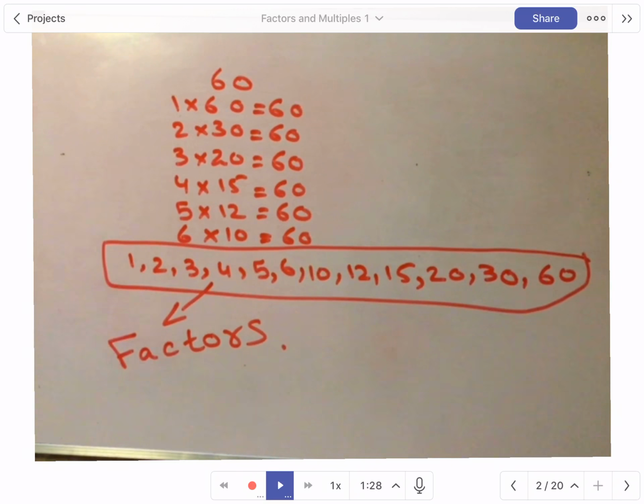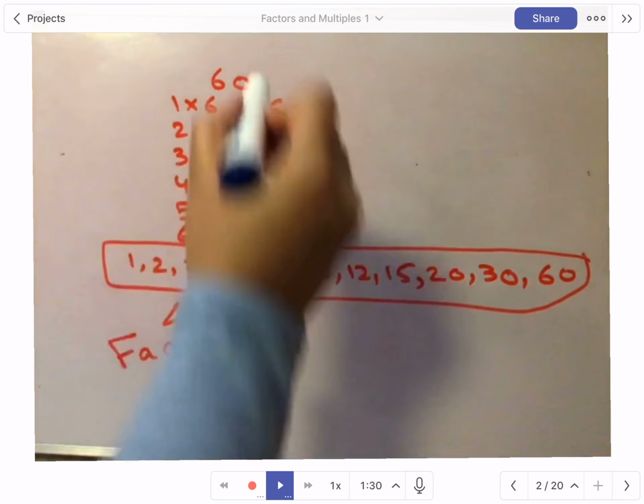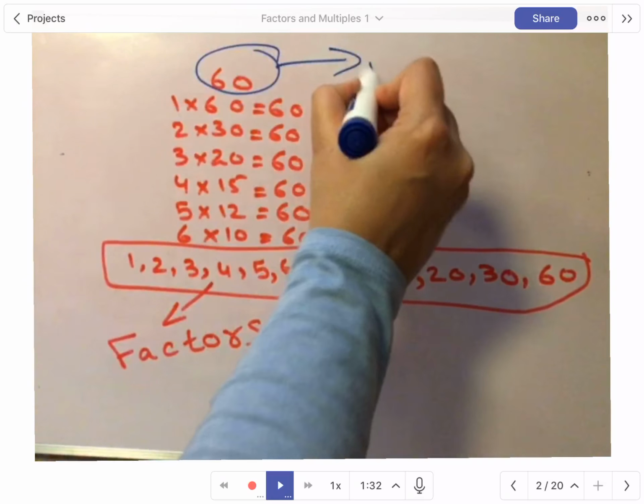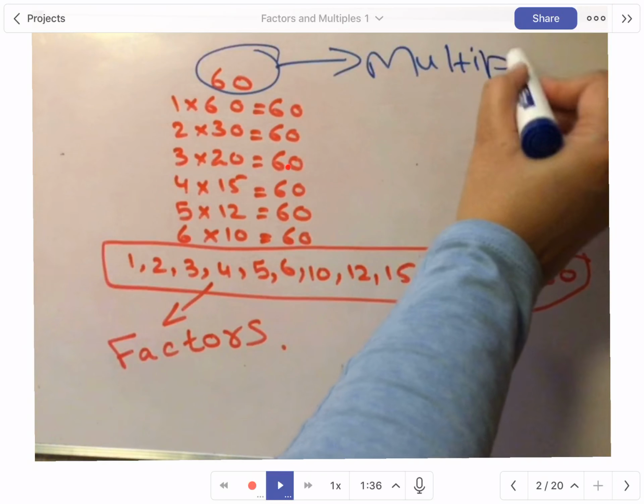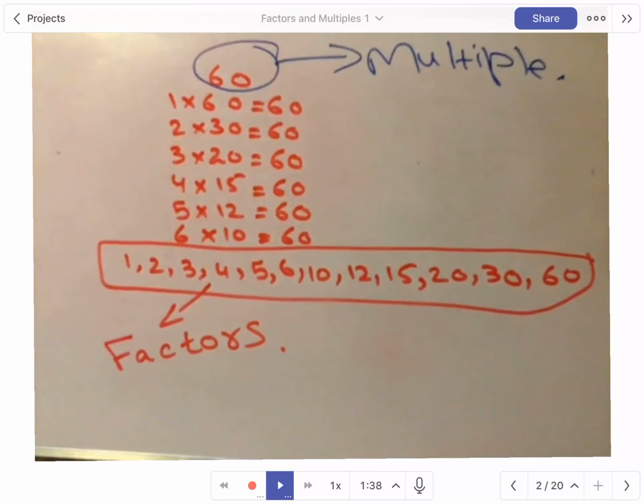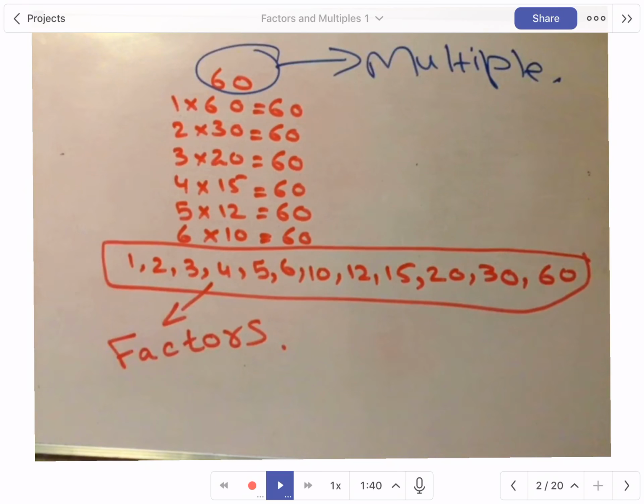Or we can say that 60 is a multiple of these numbers. For example, if you multiply 4 times 15, you get 60. So 4 and 15 are factors of 60, and 60 is a multiple of 4 and of 15.